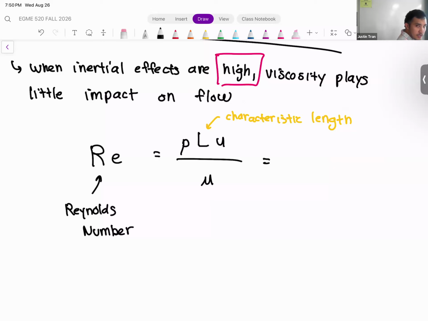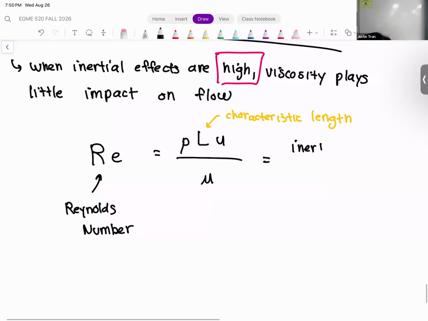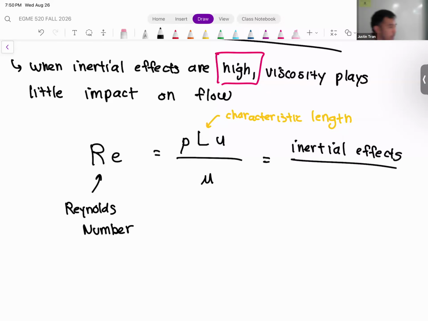The top there is essentially a measure of the fluid's momentum, or in other words, its inertia. Whereas the denominator there is very straightforward. It's just straight up viscosity. And so you can think of the denominator as representing viscous flux.